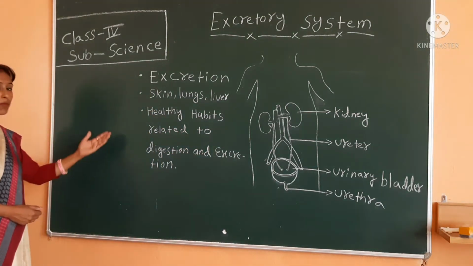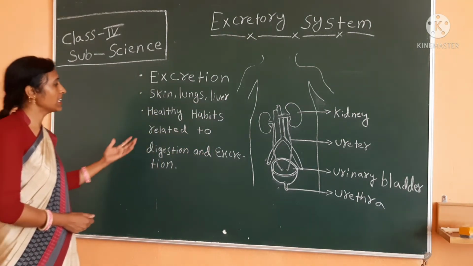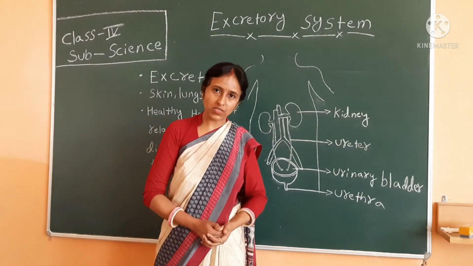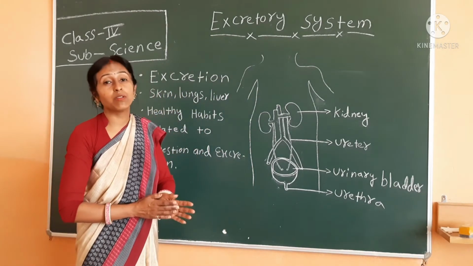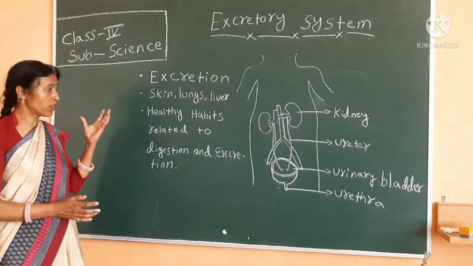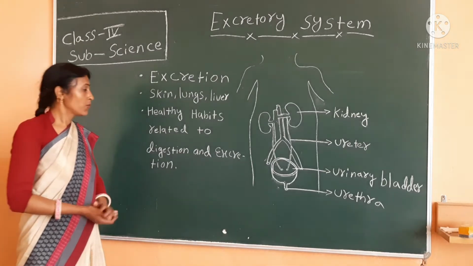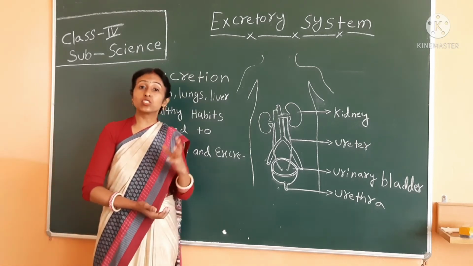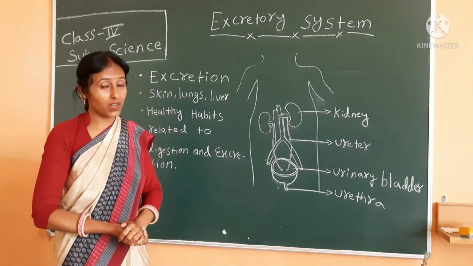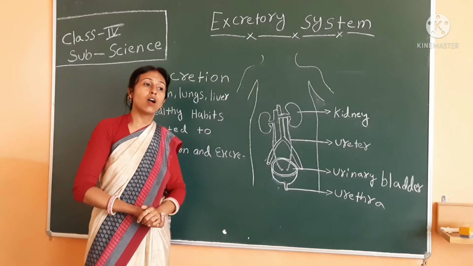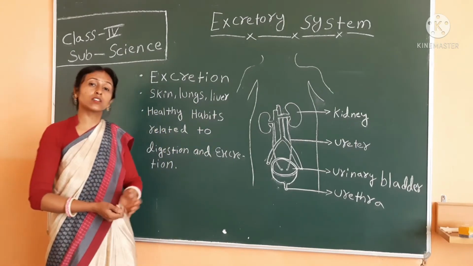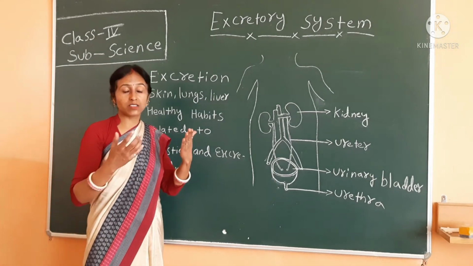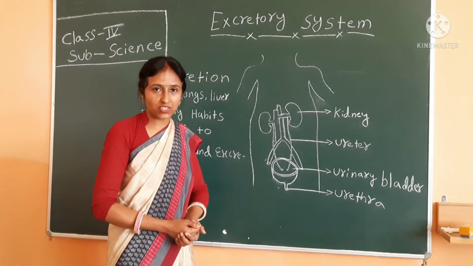As well as there are some other topics, like healthy habits related to the digestion as well as excretion process. So what are the healthy habits? For the proper digestion, the first healthy habit is to chew our food properly. It is really a very good thing to chew our food items properly, so that it is helpful for our digestion.